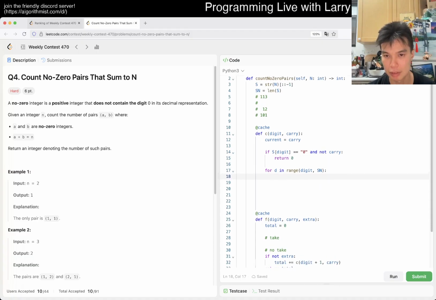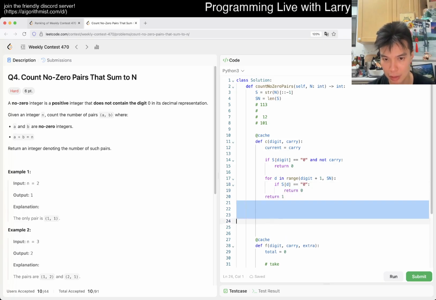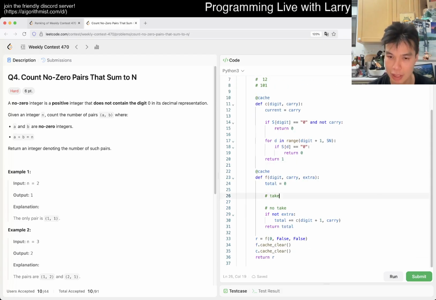Otherwise, for each digit beyond that, if, okay, I think that's what I'm trying to say, and take.